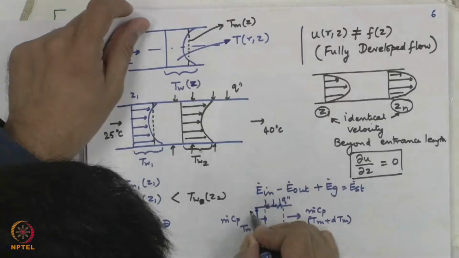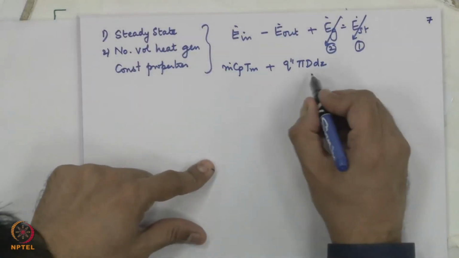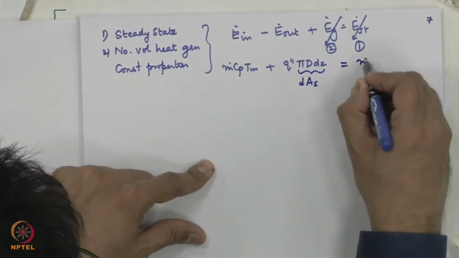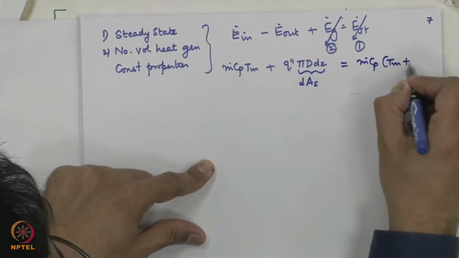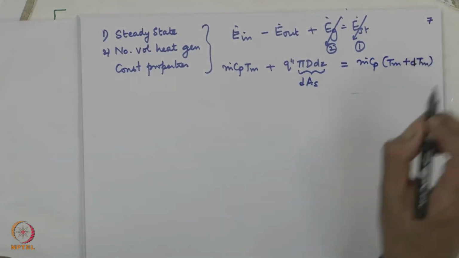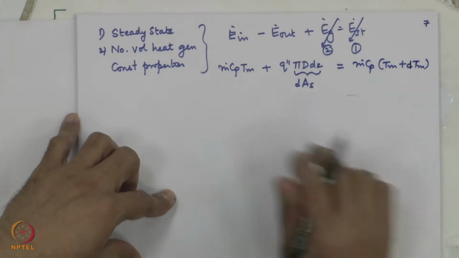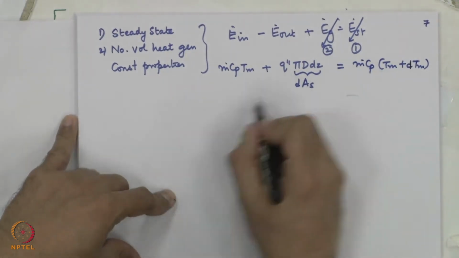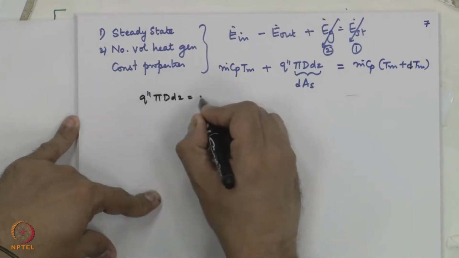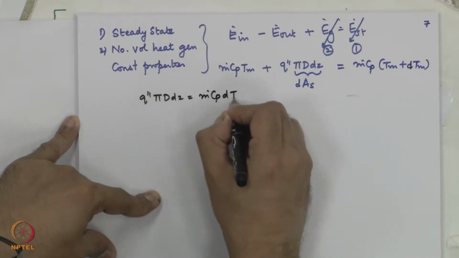The diameter of the pipe is capital D, and heat flux times the surface area dAs, that is equal to m dot Cp Tm plus dTm. Heat is being added, so the temperature is increasing. Because the temperature is increasing, this has become Tm plus dTm. So if I simplify, I get q double prime pi D dz is equal to m dot Cp dTm.